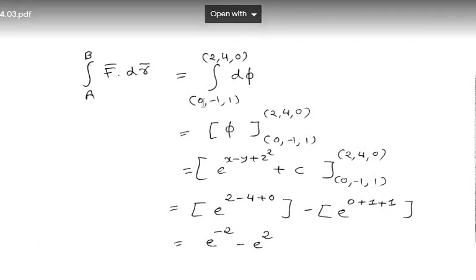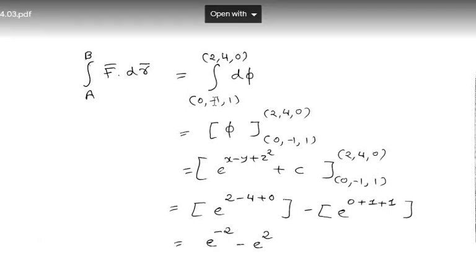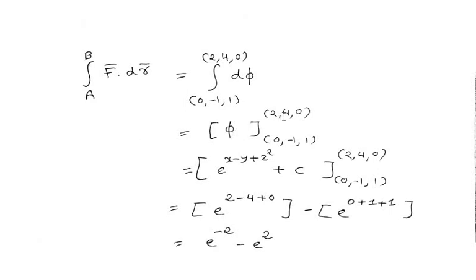And a and b are the points given to us, that is 0, minus 1, 1 to 2, 4, 0. Now integration of 1 with respect to phi, the answer is phi, and this is upper limit, this is lower limit. Now replace phi by e raised to x minus y plus z square plus c, and this is upper limit and this is lower limit.